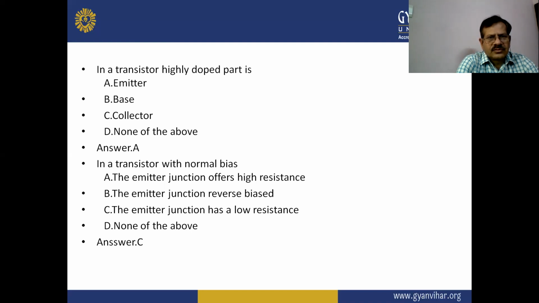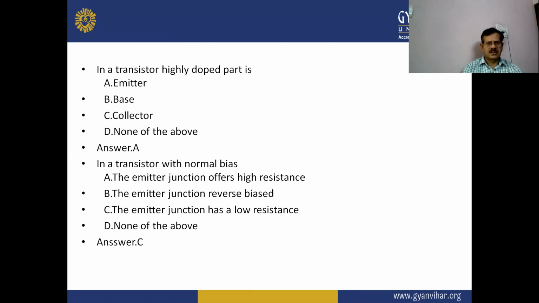So in a transistor there are three layers of semiconductors, in which one layer is the emitter, the second layer is the base, and the third layer is the collector. So the emitter is highly doped with the doping material. So the correct answer is A.